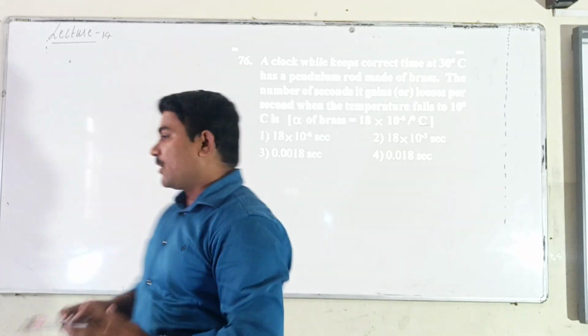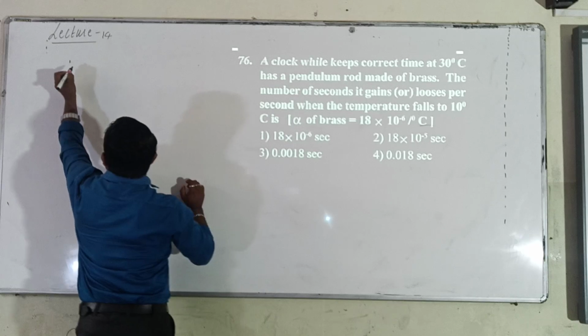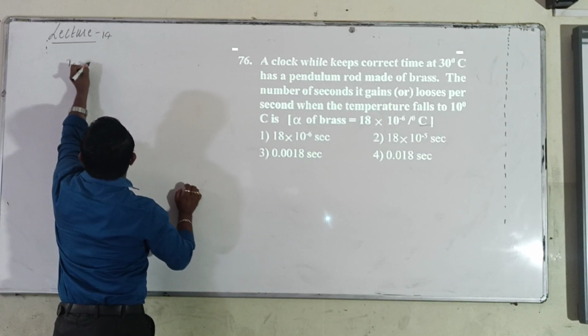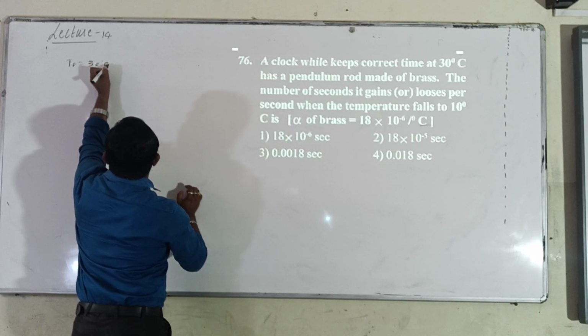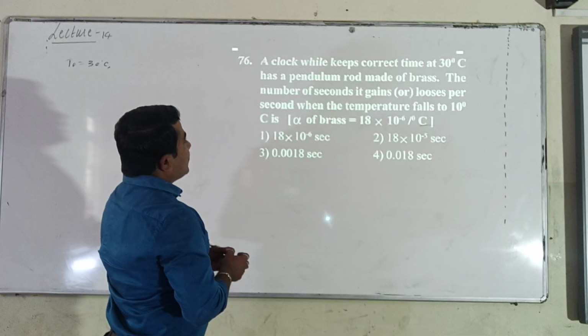So what is given? The pendulum of the wall clock is given. Initially the temperature T0 is 30 degrees Celsius, and it is made of brass.